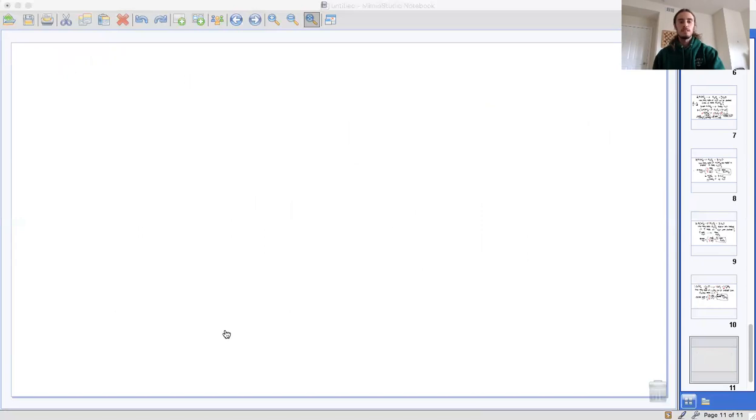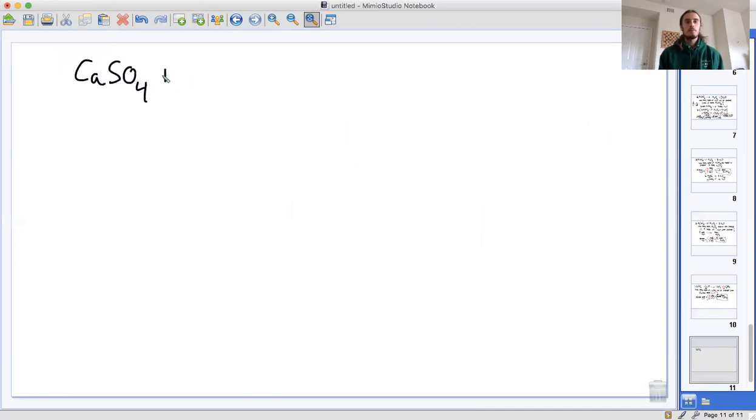Number 7. Okay, same equation. Calcium sulfate plus lithium fluoride makes calcium fluoride plus lithium sulfate, right?